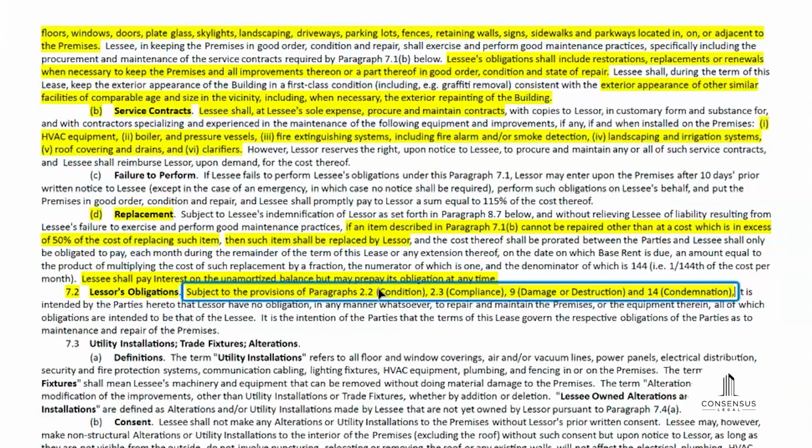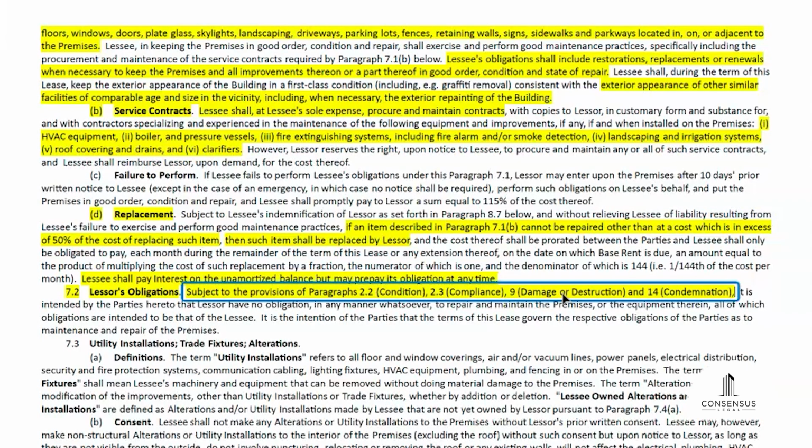So that is a scenario at the beginning of the lease term where lessor would be obligated to repair an item. 2.3 relates to changes in applicable laws, where the law changes and maybe in California, for example, there might be earthquake retrofitting required. 2.3 relates to the parties' responsibilities in a situation where there's a modification to the premises that's required by applicable law.